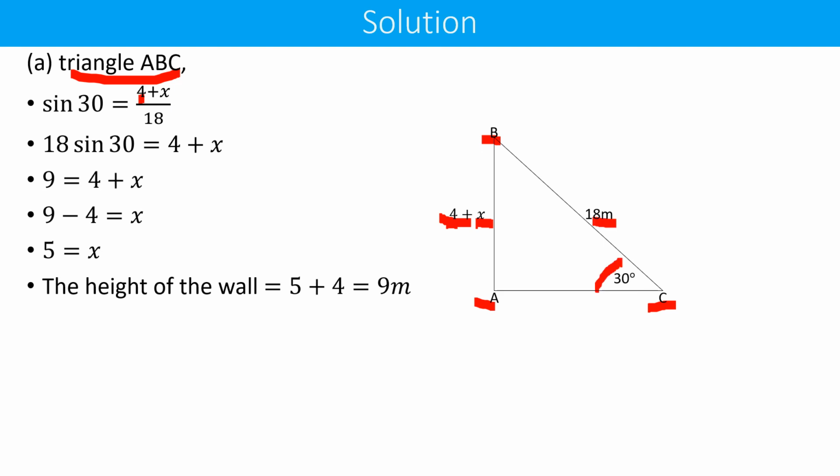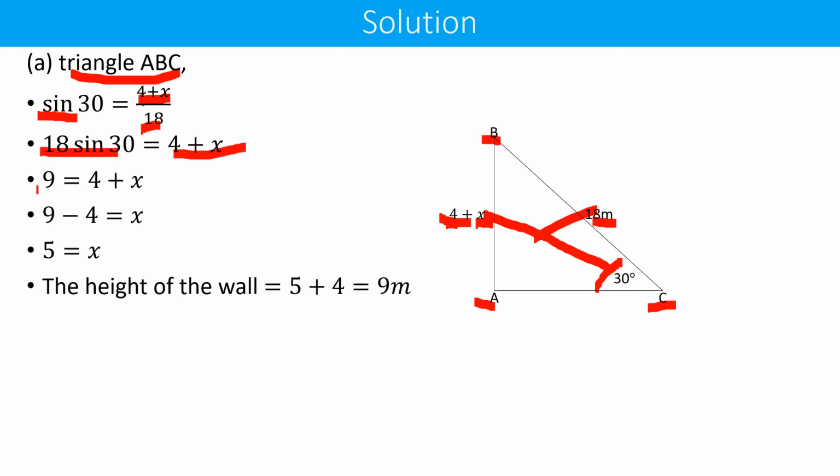So if you look at this, we are looking for the height x, so we use sine, which is opposite over hypotenuse. So sine 30 is 4 plus x over 18. So 18 sine 30 is equal to 4 plus x.